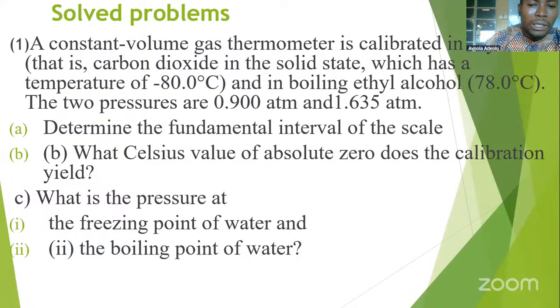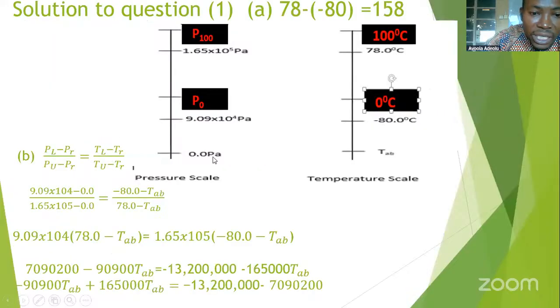So what is absolute zero? Absolute zero is the temperature at which the pressure is zero. Just go to the pressure scale and put zero there. So the pressure is zero here. That means this temperature here will be the absolute zero temperature, because it's the temperature at which the pressure is zero. So this is what they want us to calculate.